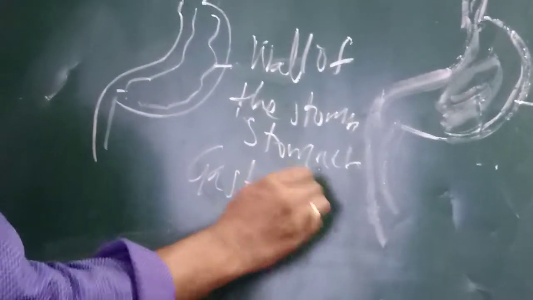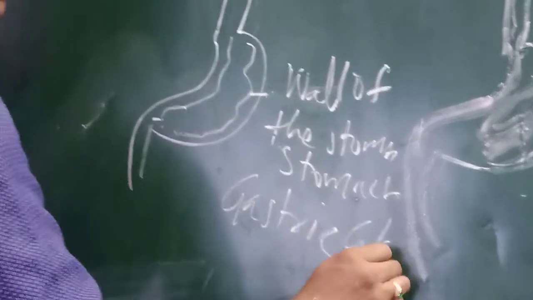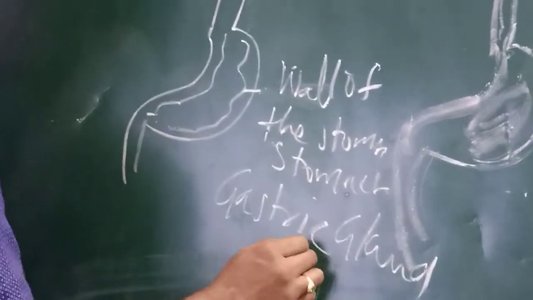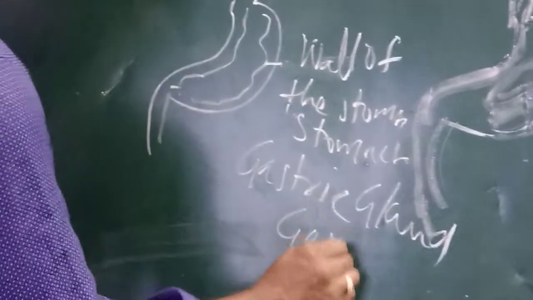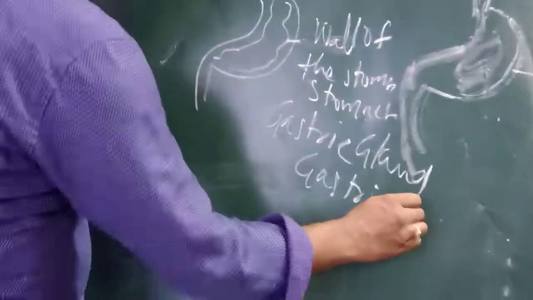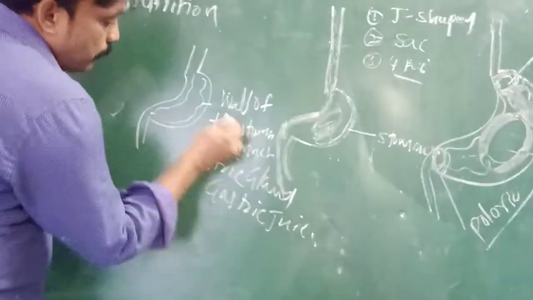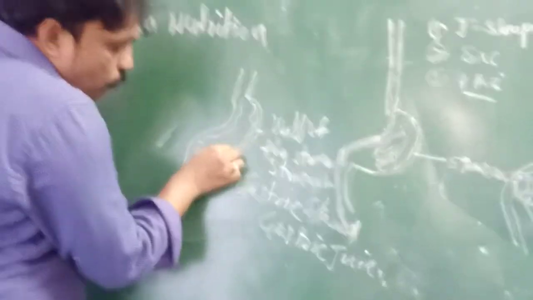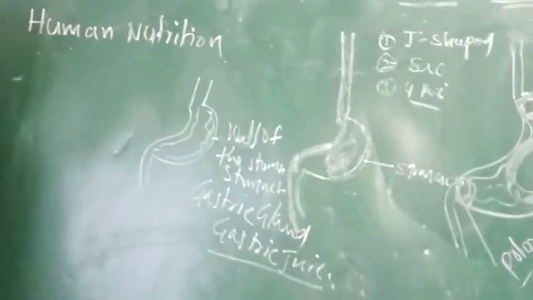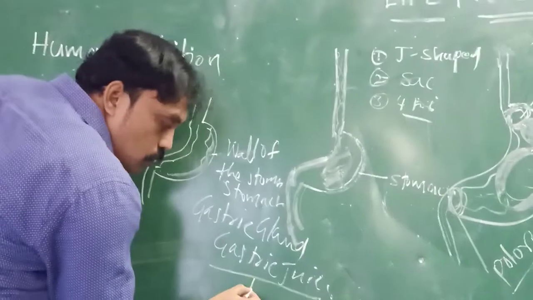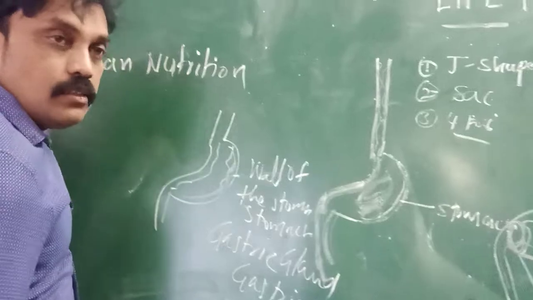These gastric glands release gastric juice. Gastric juice is released by the walls of the stomach.